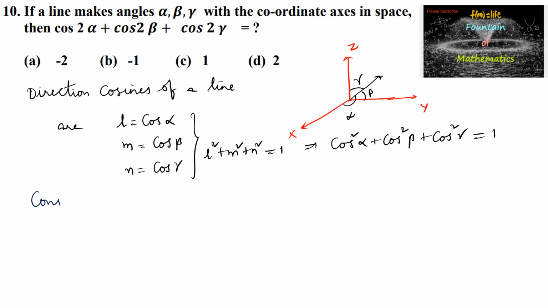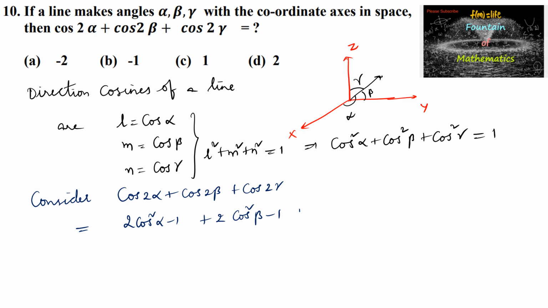let us consider cos 2 alpha plus cos 2 beta plus cos 2 gamma, which is equal to, by using the formula cos 2 alpha is equal to 2 cos square alpha minus 1, and similarly 2 cos square beta minus 1 and 2 cos square gamma minus 1, which is equal to 2 times cos square alpha plus cos square beta plus cos square gamma, minus 1 minus 1 minus 1, that is minus 3.